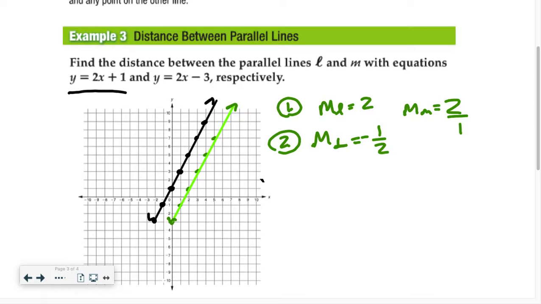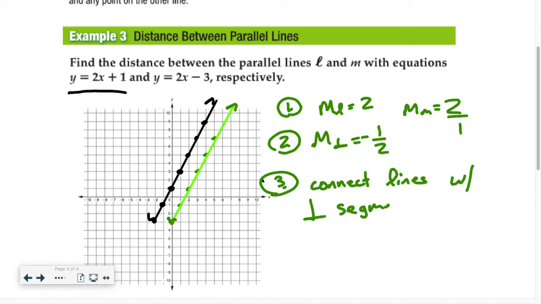So what we need to do from here is connect the lines with a perpendicular segment. So let's start on line L. Let's just choose any point.